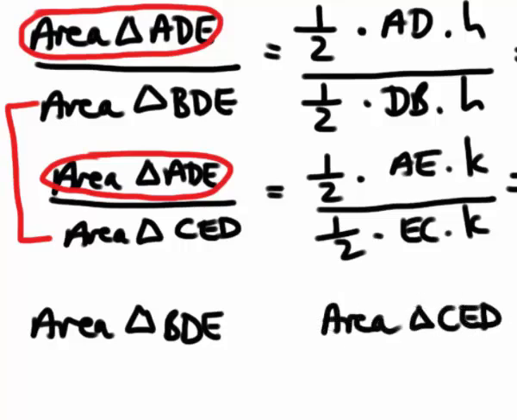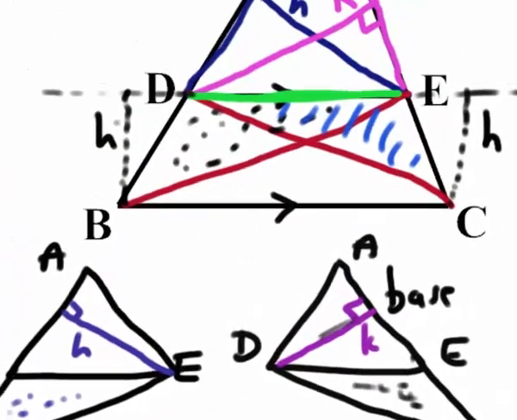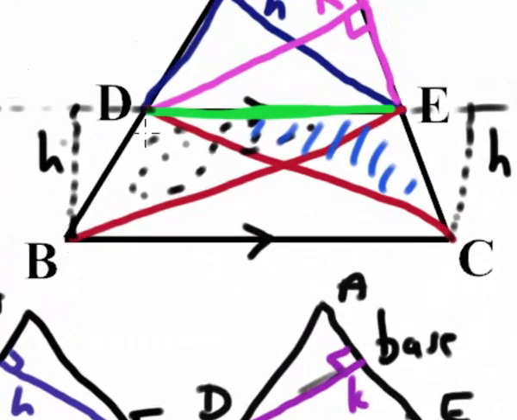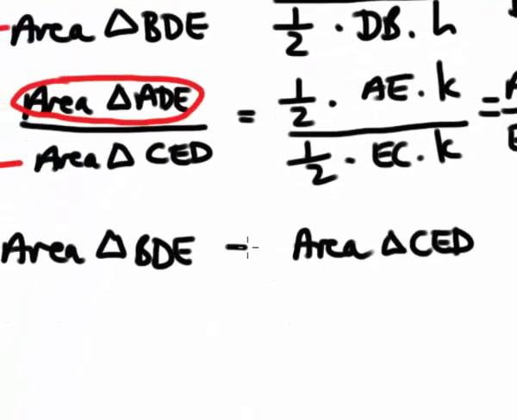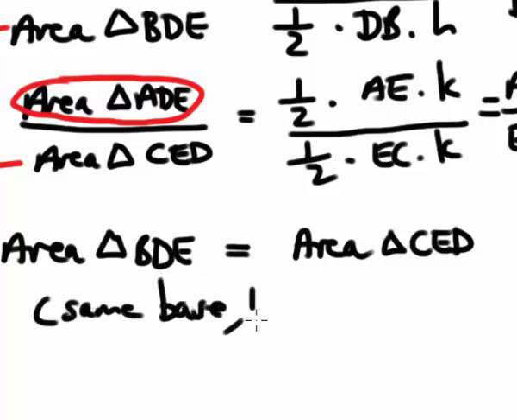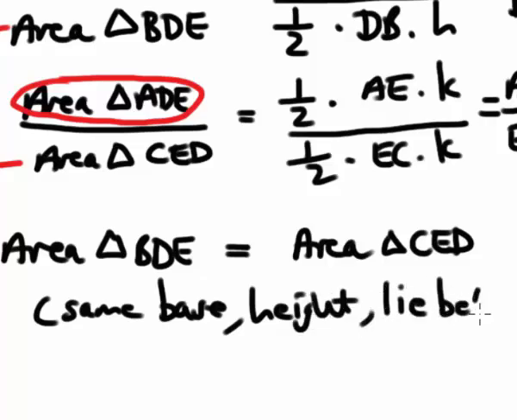Now, why would they be the same? Think about it. The area of triangle BDE is this dotted one here, and the area of DEC is that shaded triangle there. They both have the same base and the same height, and they lie between parallel lines. Therefore, those areas are equal. Why? They have the same base, the same height, and they lie between parallel lines.